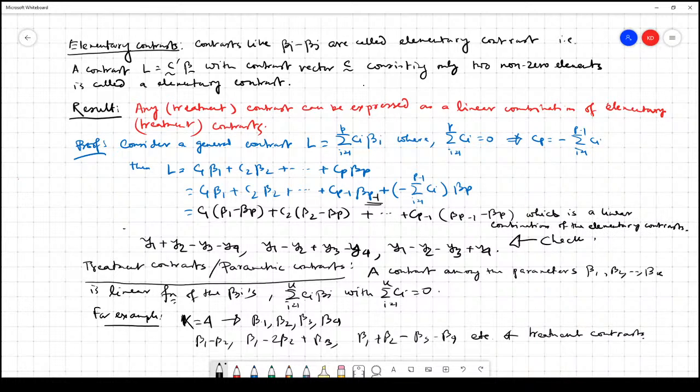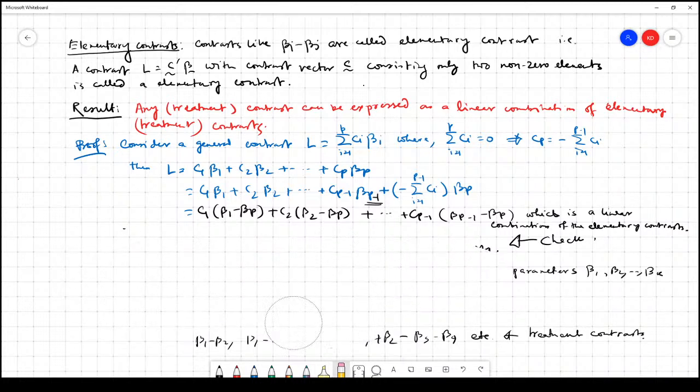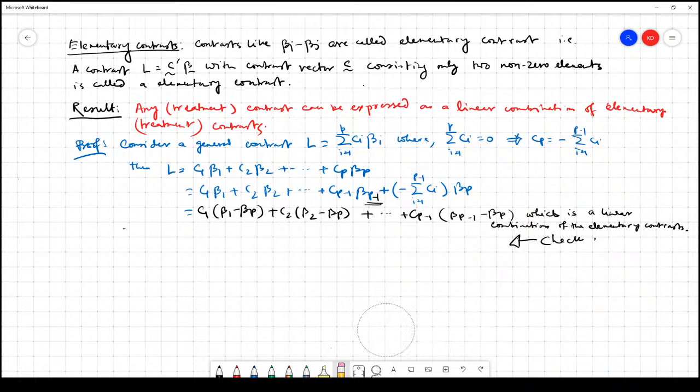So today I want to stop here. Next day I will discuss the one-way ANOVA random effect model. So please submit your homework before coming Monday.